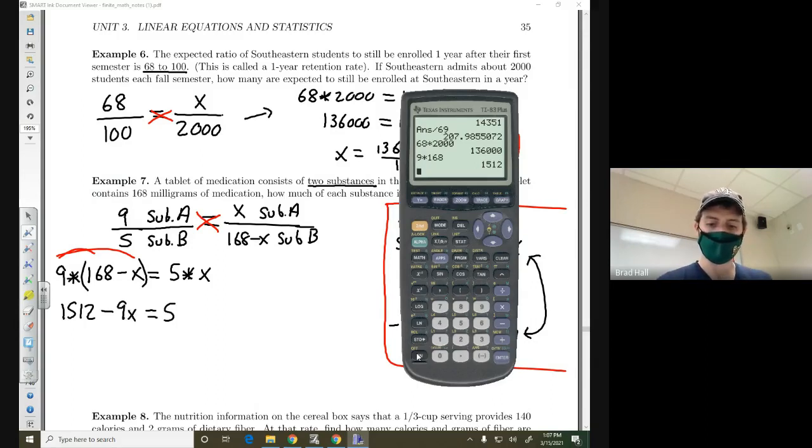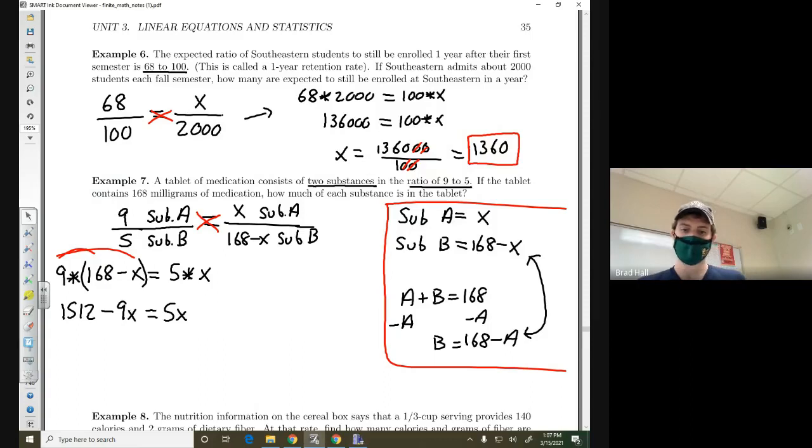That's equal to 5x. So that's the result of the distribution. All right, so this seems a little bit more elaborate. Now, how do we proceed?